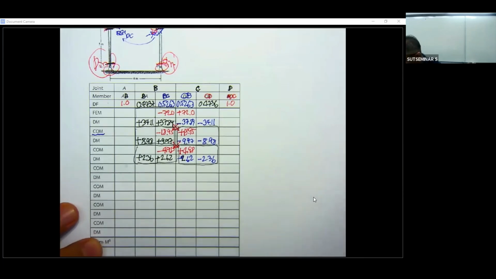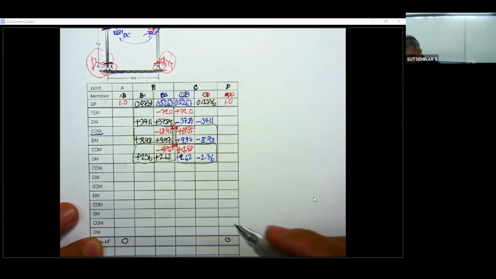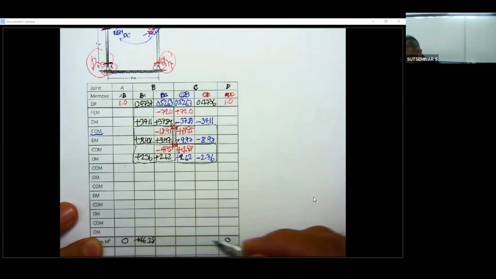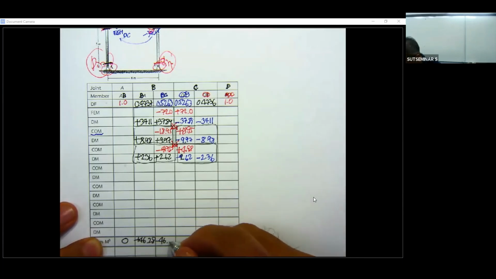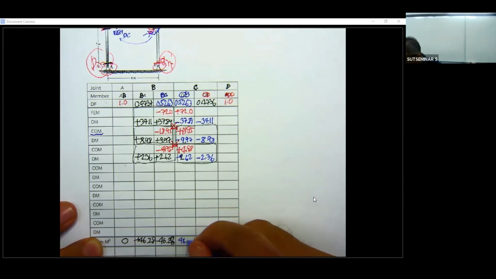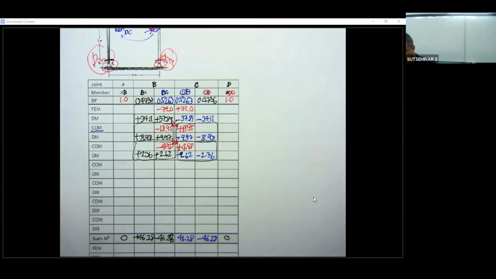You will get this one to be 0, because the pin is always 0. And this one is going to be plus 46.28. This is minus 46.28. They must be in equilibrium. This one 46.28. This is minus 46.28.